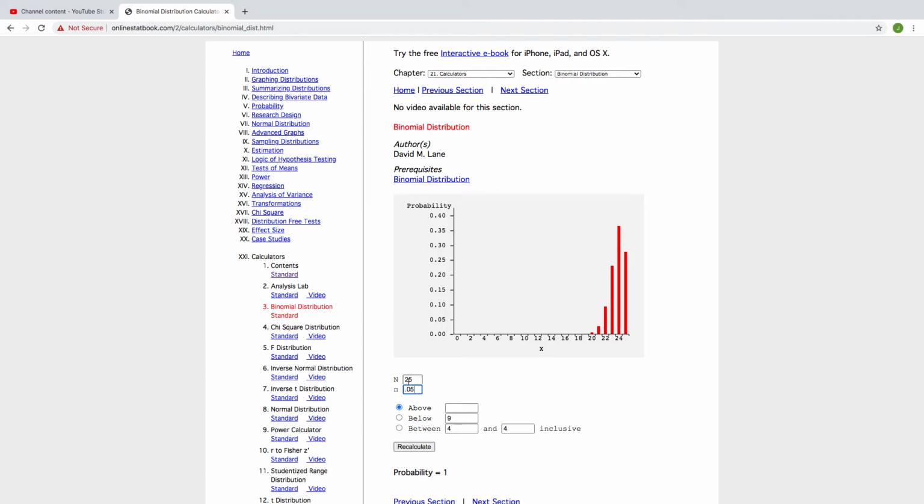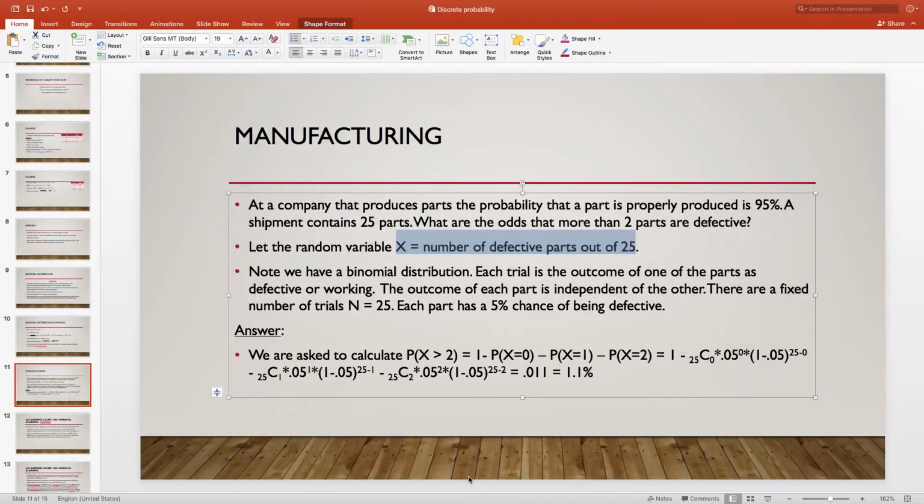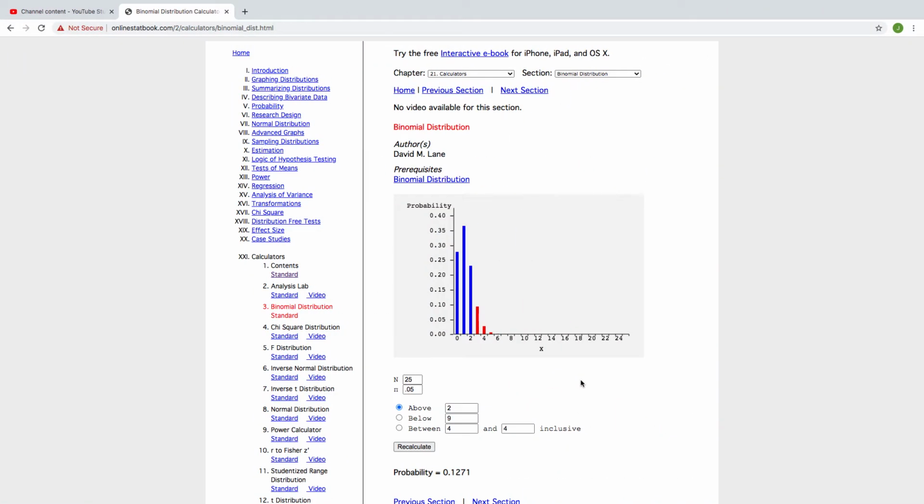I have 25 parts. I want to know the odds that more than 2 are defective, and I calculate this as 0.127. I have 0.11, they have a slightly different answer because of rounding, but this is reasonable. You can replace this with 1.2, or I used a different calculator and I got 1.1%. I'm happy with this.